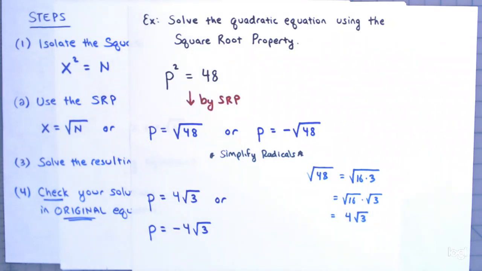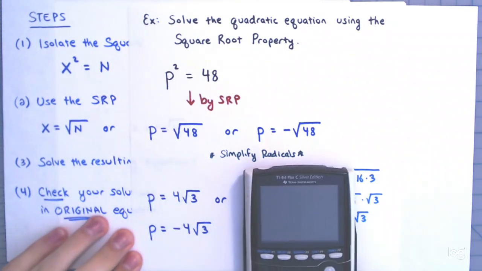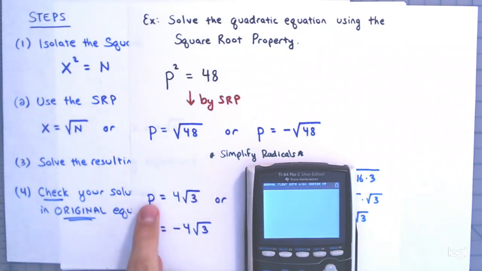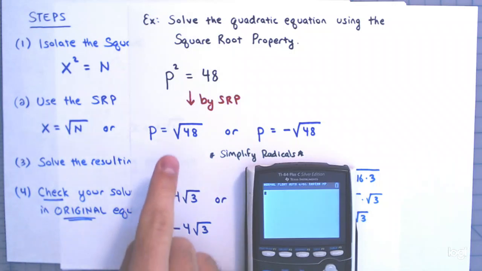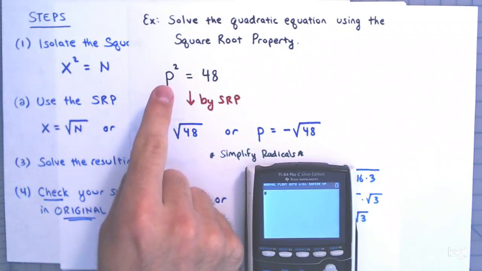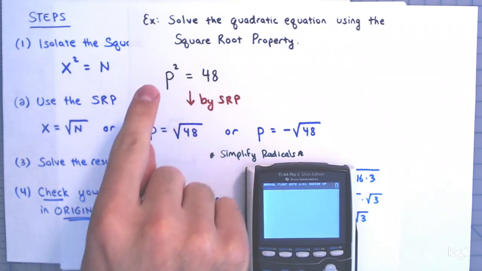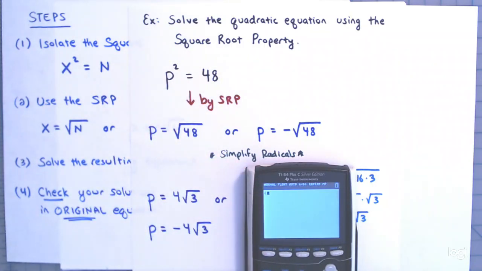Now I'm just going to go to a calculator here. I mean, you could pop them back into the equation as well. Here's a calculator. I'll put them right next to this. And I'm just going to put 4 times the square root of 3 in for p on the left side, see what I get. And hopefully it's 48, right? That way you'll have 48 equals 48. So 4 times the square root of 3 in parentheses.